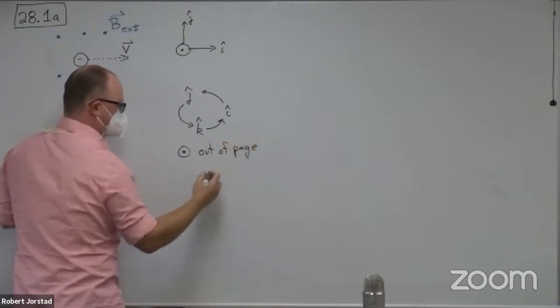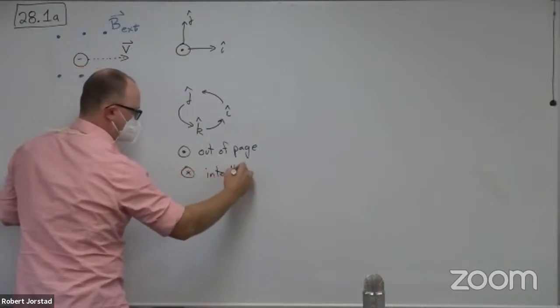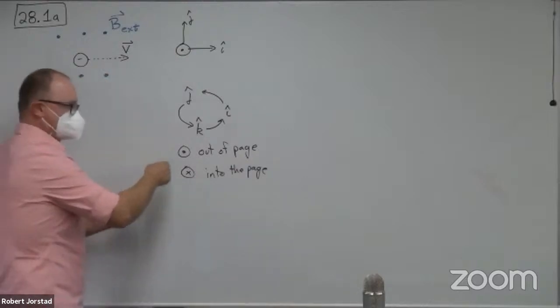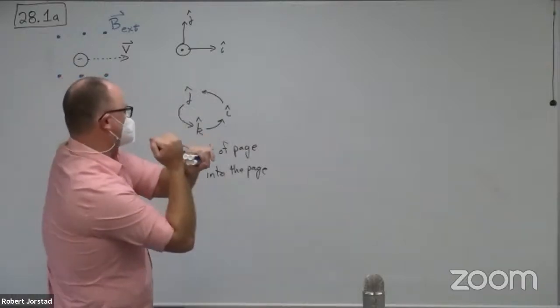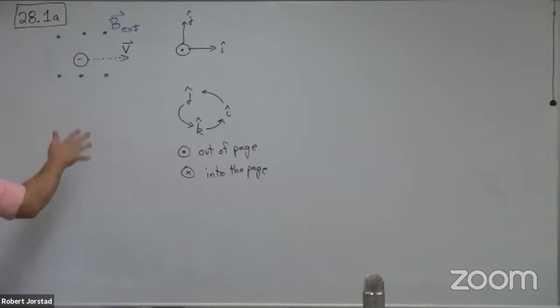And what does into the page mean? X. For me, the dot is like the arrow coming out to hit you in the eyeball, and the X is like the feathers flying away from you into the board. I just like to mention this in case you want to do it with I, J, and K.